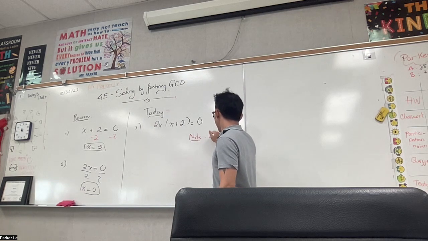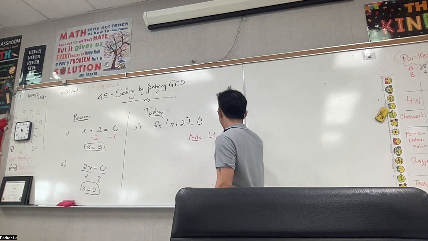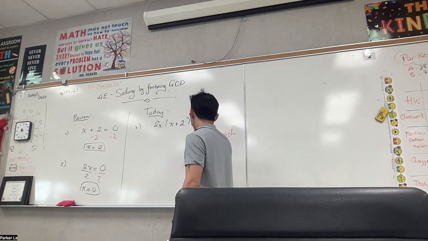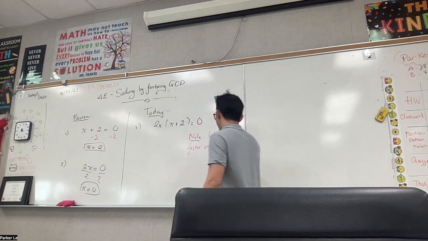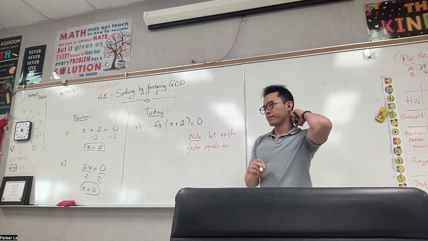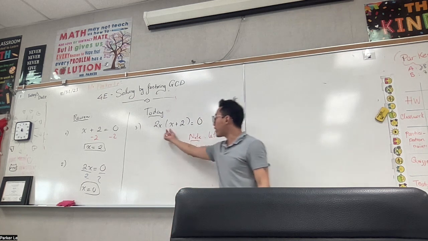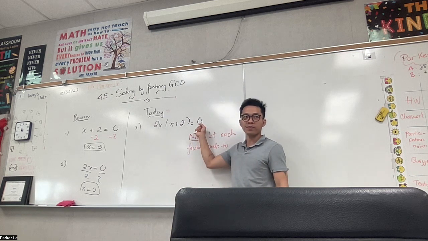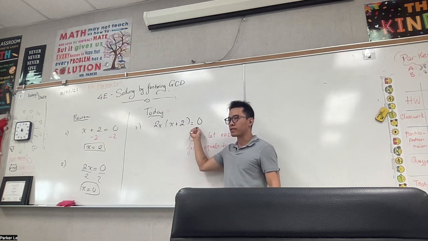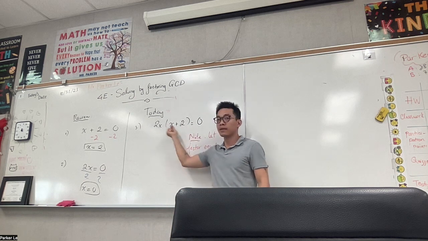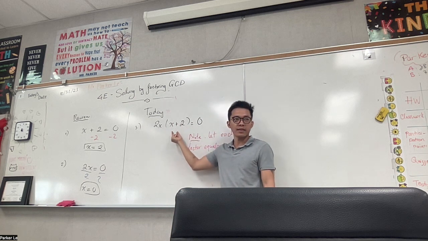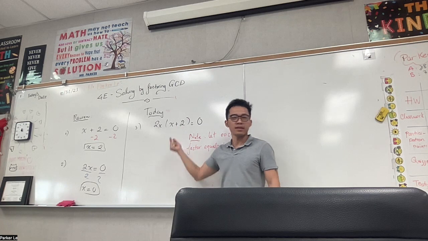So you're gonna let each factor equal to what? We want this multiplication to be 0. What happens when one of them becomes 0? I only need one of them equal to 0.